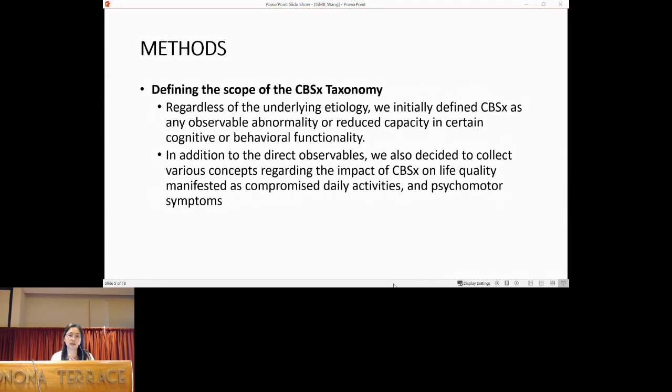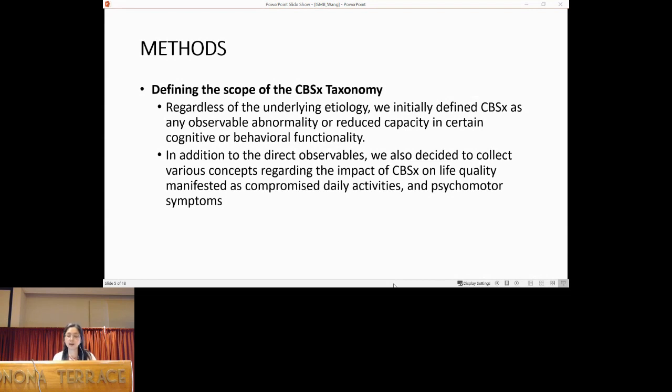So to develop such a taxonomy, we first need to define the scope of this taxonomy without considering the underlying etiology. We initially defined cognitive and behavioral symptoms as any observable abnormality or reduced capacity in certain cognitive or behavioral functionality.